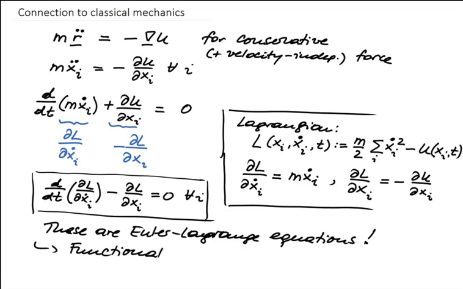Well, just remember the integral form that we had before. It's the integral from t initial to t final dt, and the Lagrange function is the function that appears in the integrand. So we have the Lagrange function L as a function of xi, xi dot, and t.